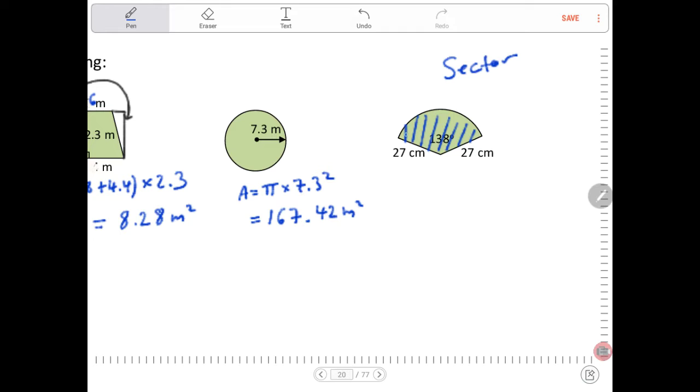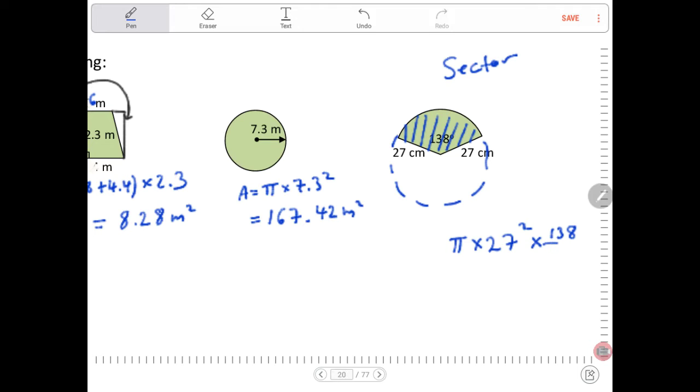So if we were just going to consider this as a full circle, we'd just say pi times 27 squared, pi r squared. But it's not a full circle. We need to find out what fraction it is, and it's exactly the same as if you were doing an arc length.